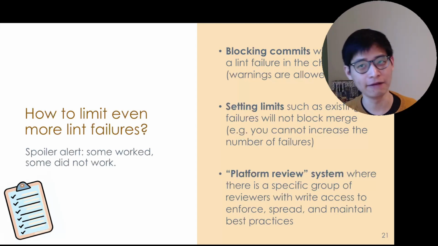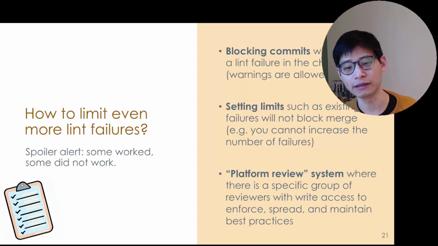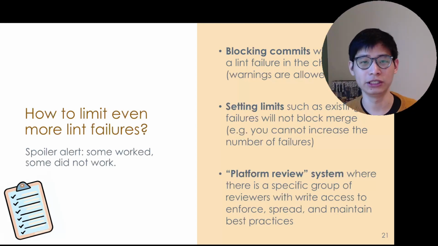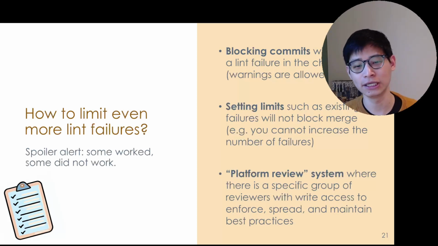So let's say existing lint failures are okay, but the new ones are not, or have a platform review system, which is a human curated list of people who would go through PRs and say, hey, you need to fix this, you need to do this. Some of them work, but most of them didn't really work, right? A lot of these did not scale very well.